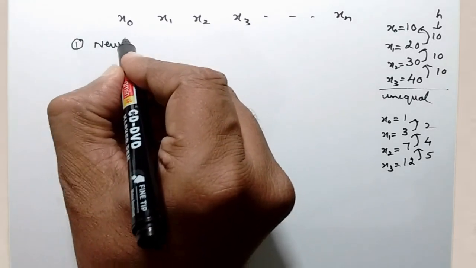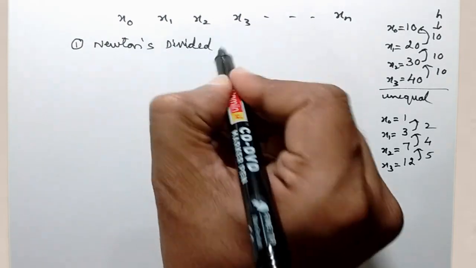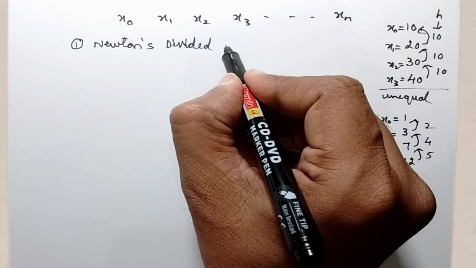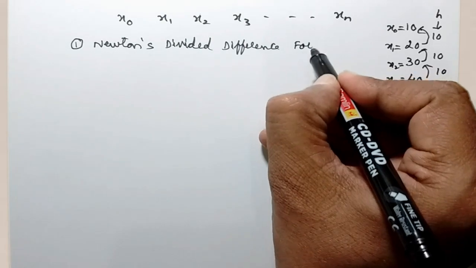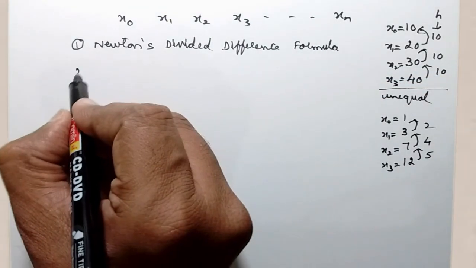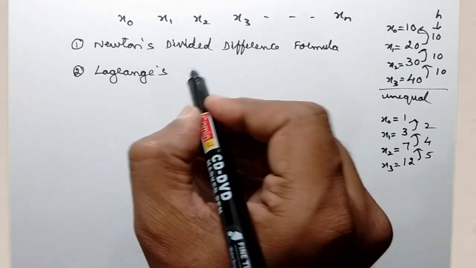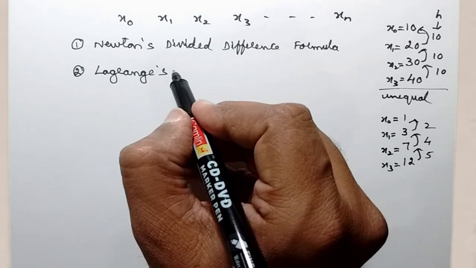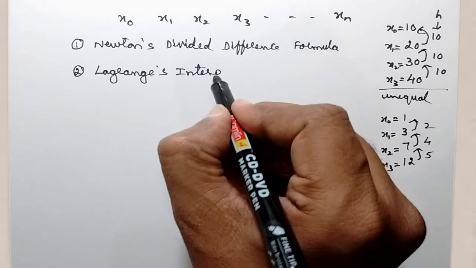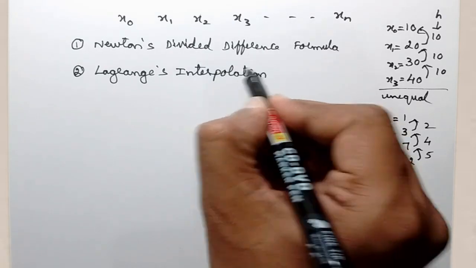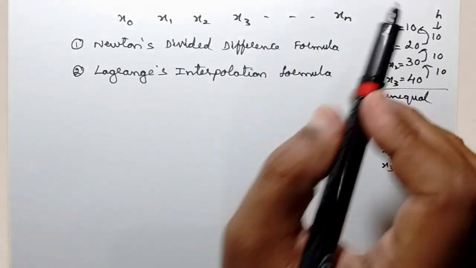One is Newton's divided difference formula, and the second one is the Lagrange interpolation formula. These two formulas can be used to solve unequal intervals.